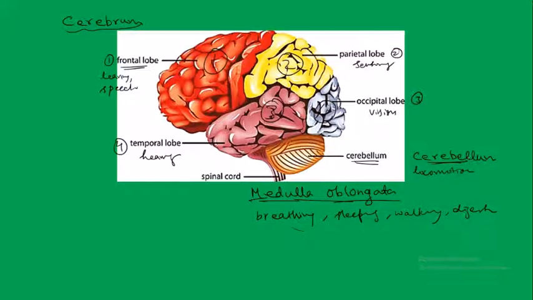So people walking on a rope or walking in a balanced fashion, performing different kinds of skills, playing different instruments, all of these are specializations of the cerebellum. So the central nervous system consists of the brain and the spinal cord. This is about the different regions of the brain and what functions they perform.